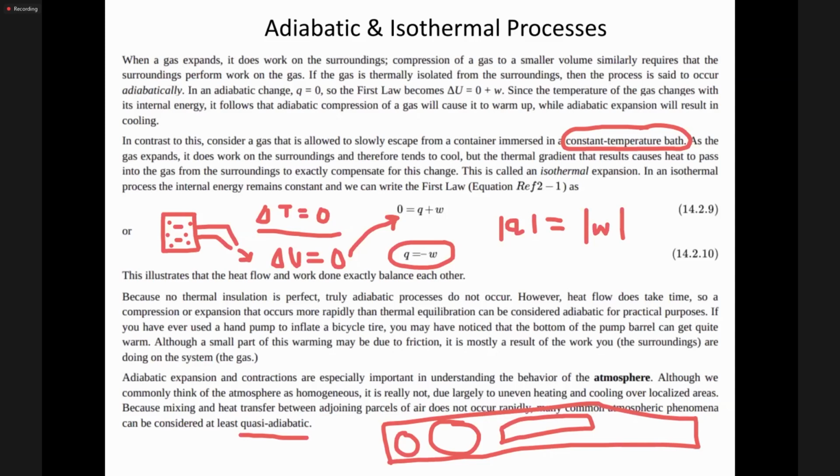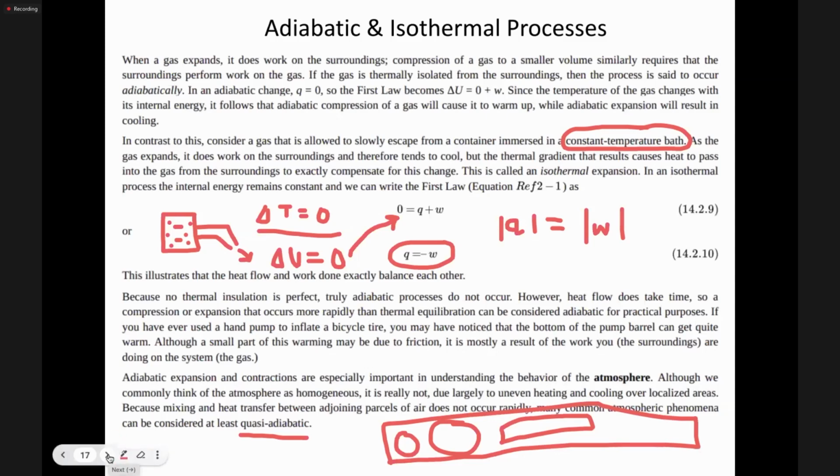Here some heating can go on, there some cooling can go on. So no process we are actually dealing with is completely adiabatic in nature. They can be considered quasi adiabatic. Not fully adiabatic, but with some characteristics for which we can call it an adiabatic process.